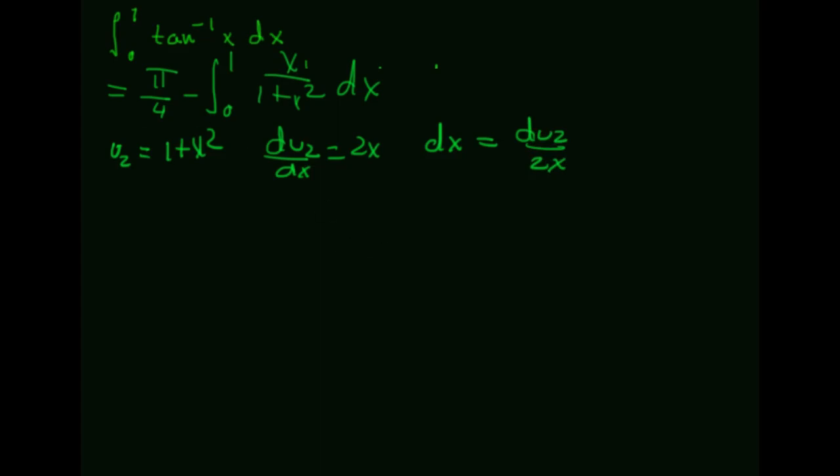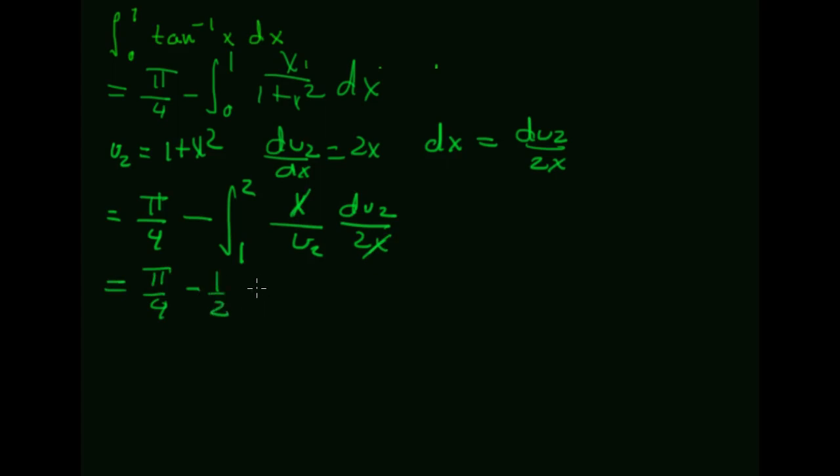Playing the u substitution game here, if we put 0 in this, we get 1. If we put 1 in this, we get 2. We have x over u2 times du2 over 2x. The x's cancel.